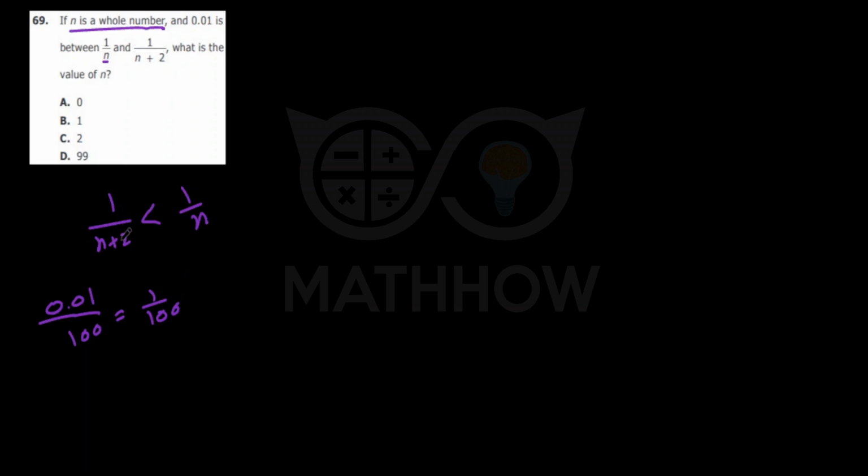From these two fractions, we can see that if this is n plus 2, then the next greater fraction will be 1 over n plus 1. The smaller the denominator, the greater the fraction will be. So 1 over n plus 2 is less than 1 over n plus 1. The denominator is getting smaller.